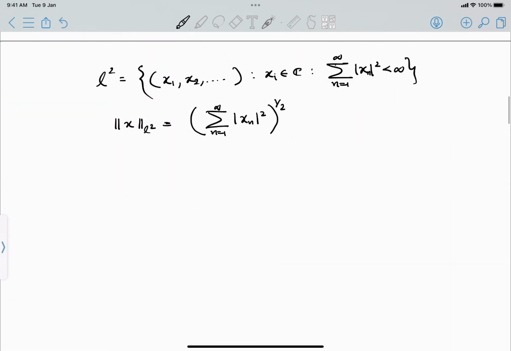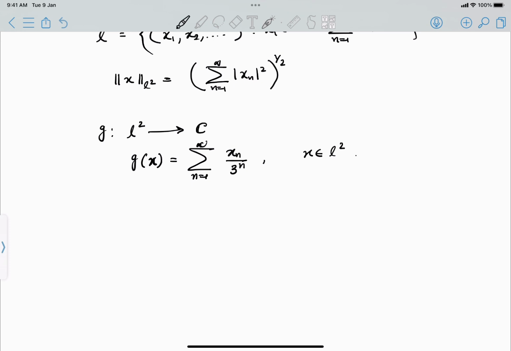Now G is from L2 to C, defined as G of x equal to the summation n equals 1 to infinity of xn by 3 to the power n, for x in L2. So you have to find the operator norm of G.